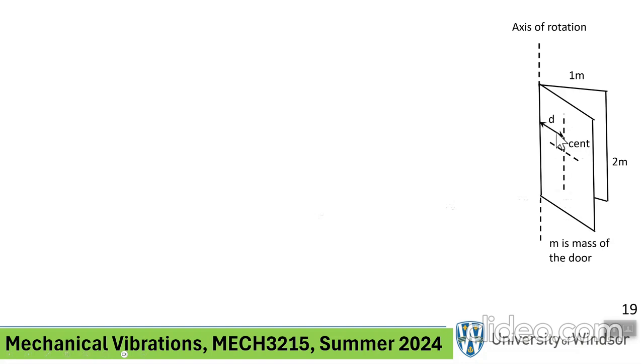But there is a distance between this vertical axis and the axis of rotation. That's where we have to use the parallel axis theorem. This number 2, this height of 2, does not come directly into our calculation, but it affects, of course, the mass of the object, right? We are told that the plan is to have critical damping, zeta equal to 1. And why critical damping?